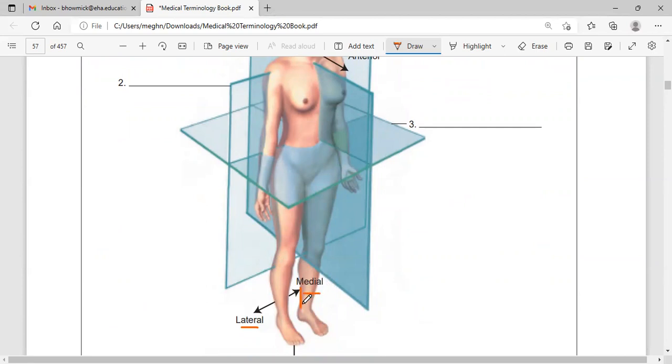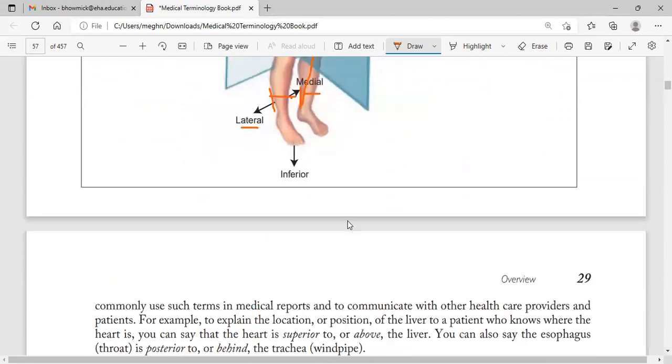So this line is close to the midline of the body, and this line is away from the midline. So this is the lateral. Next, inferior, on the bottom portion. Opposite of inferior is superior.